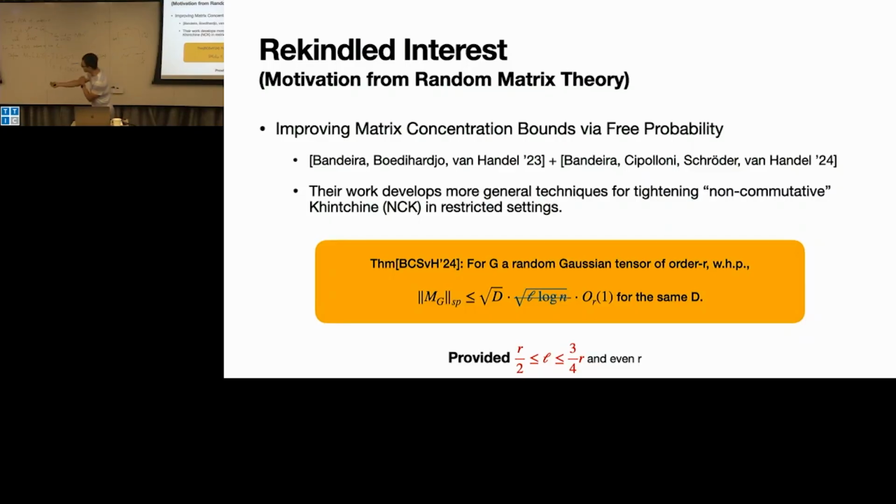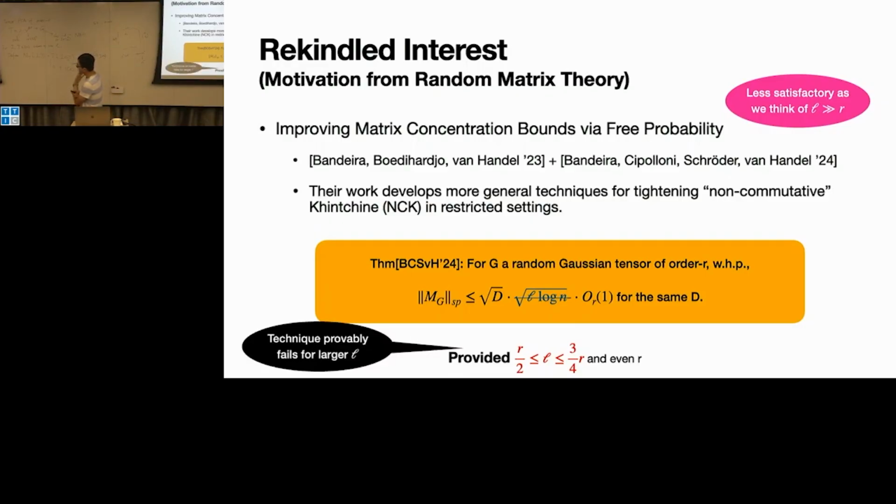They don't even work for l equal to r. This is less satisfying because for Kikuchi matrices, we usually think of l as much bigger than r, so that we can get this nice interpolation. And this is really bizarre for them, because they observe that their technique using free probability just fails for larger l. What's happening?